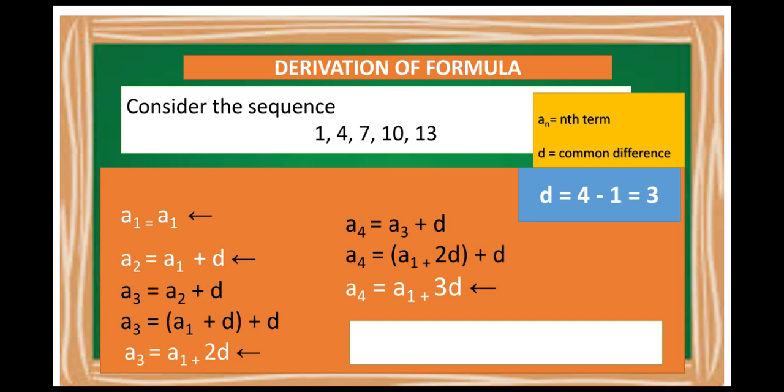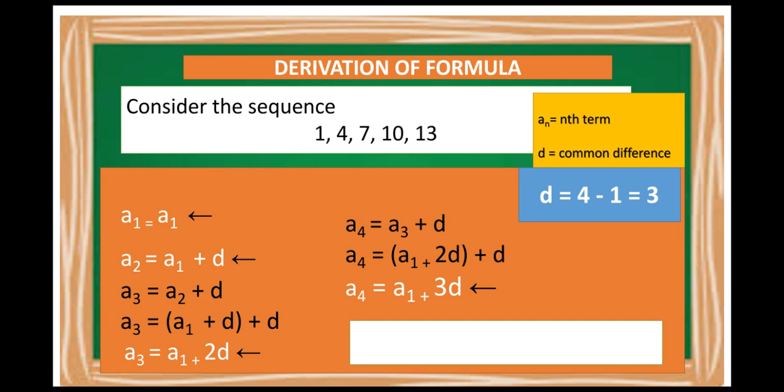So now, I want you to make some inferences based on this observation. What do you observe as we try to locate a certain term? For example, as we get a sub 2, we get a sub 1 plus d.